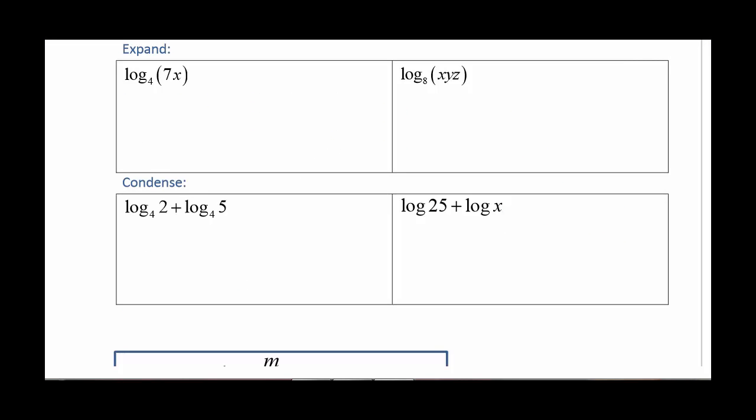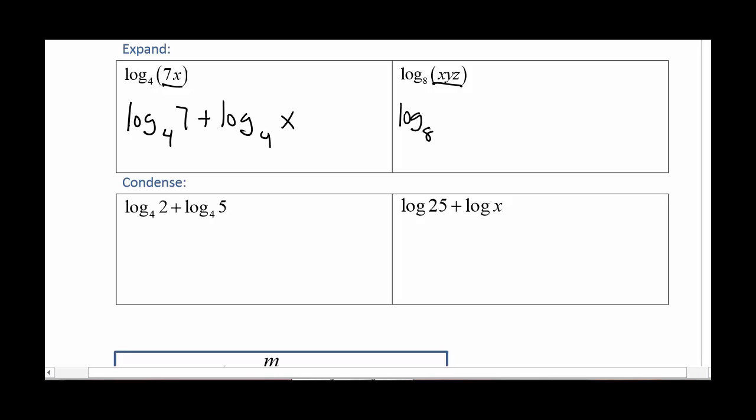All right, to illustrate that first rule, we're just going to look at some expanding cases. Here inside the parentheses, we are multiplying 7 times x. So in the expanded form, this would be log base 4 of 7 plus log base 4 of x. Here, we're multiplying 3 things together, so we're going to break this up into 3 sums.